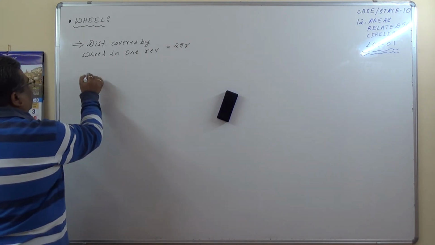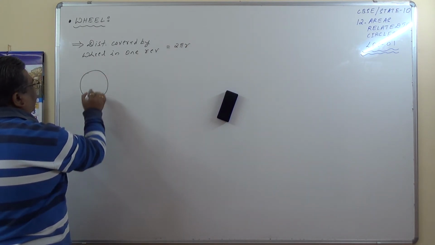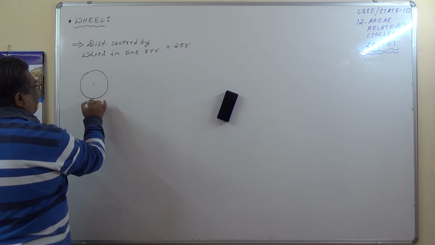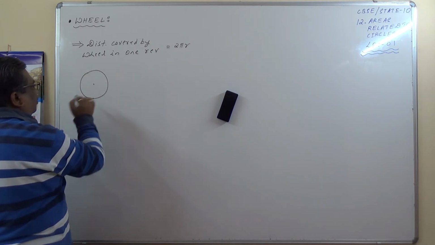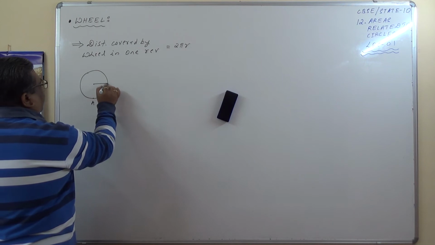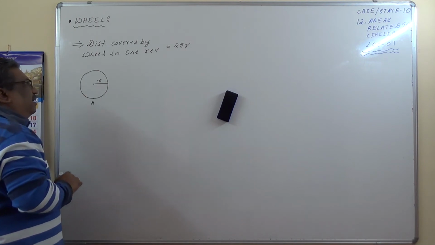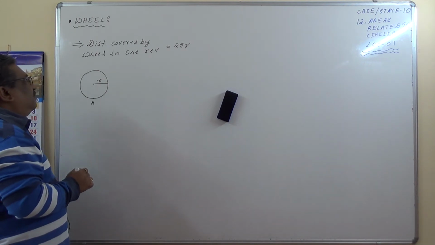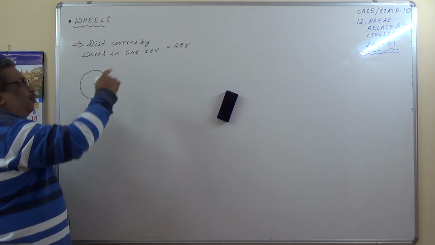For example, if this is the circle and I start from point A and come back to point A, with radius r, the distance covered by the wheel in one revolution is 2 pi r.